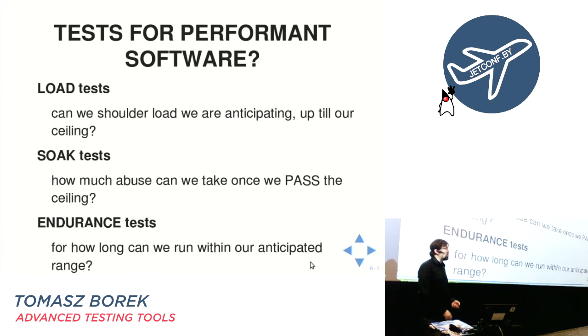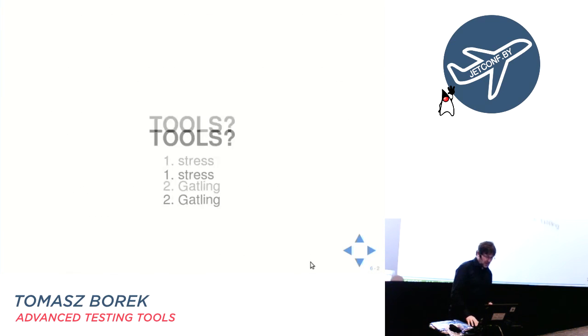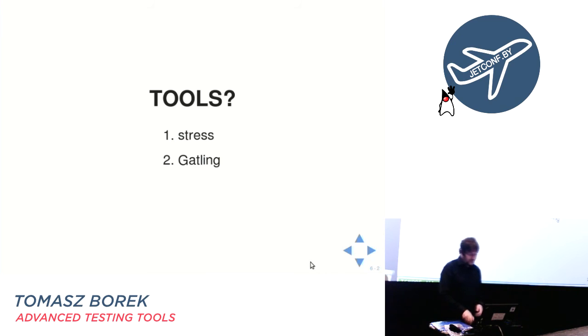And finally, you have endurance tests. I'm running within the predicted ceiling, within the ranges I said my application can handle, and I keep running close to the upper border for an hour, 2 hours, 4 hours, 2 days, 2 weeks. These are endurance tests. Now there is tool number 1, which is fairly interesting, stress.